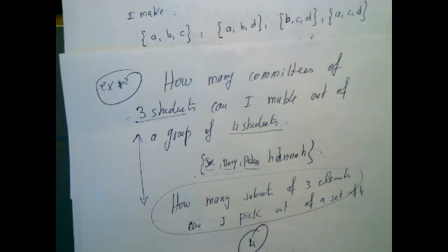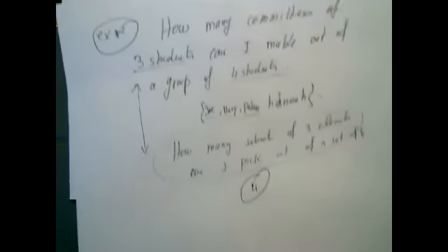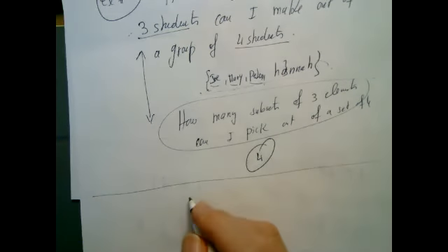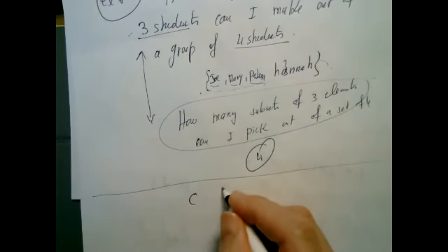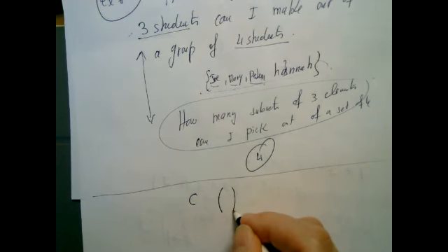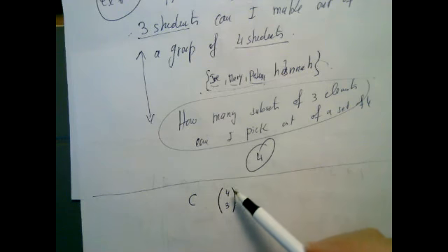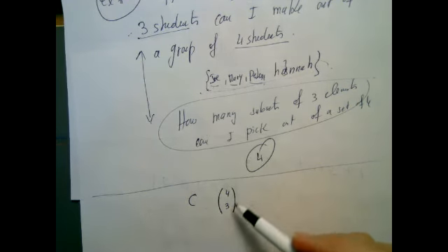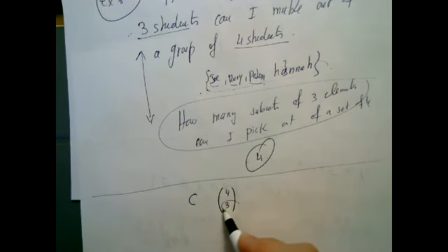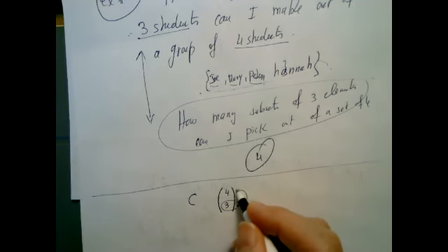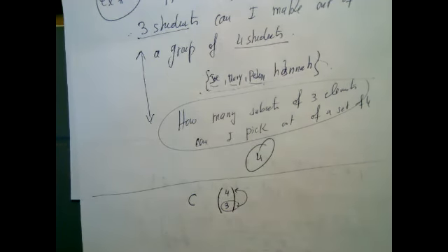Now we're going to introduce the idea of a combination, and I will be more elaborate with it next time. We're going to use the following notation: for 4 and 3, it means in how many ways I can pick a subset of 3 elements out of a set of 4 elements. It's the number of ways I can pick.